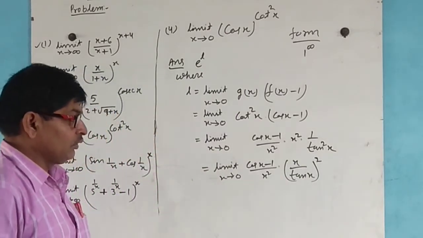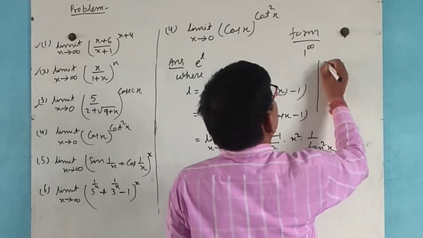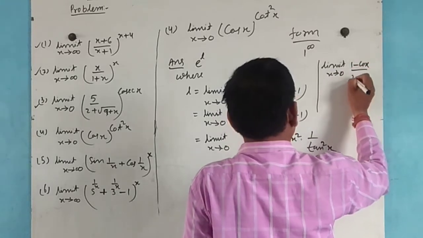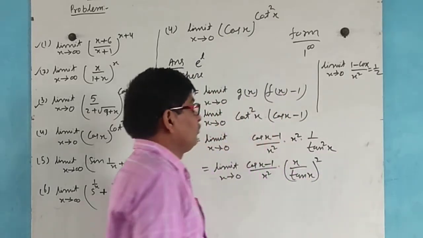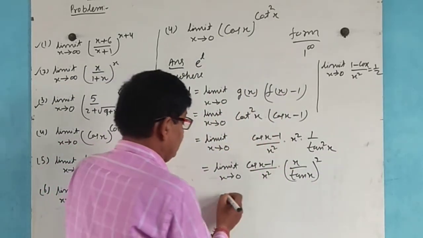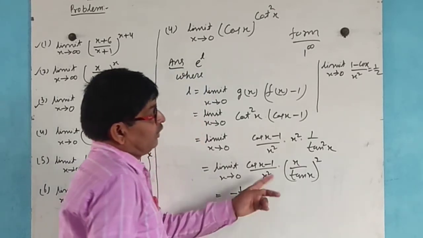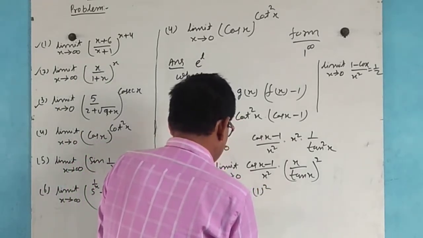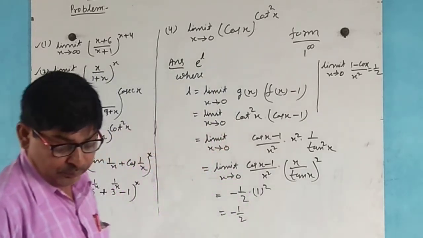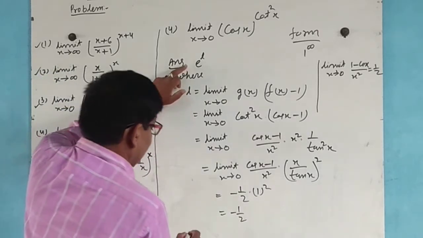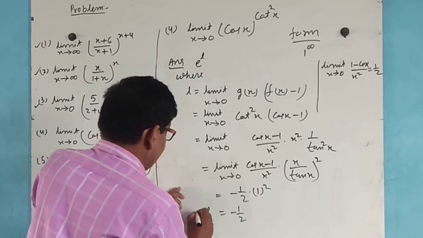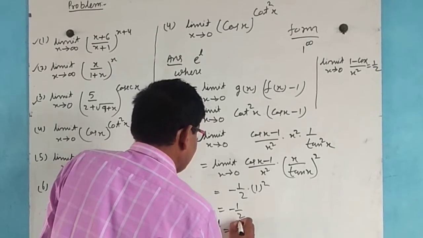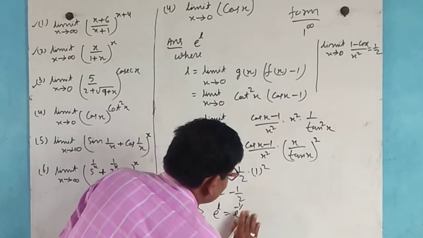Now as we know that limit x tends to 0, 1 minus cos x divided by x square is equal to half, so that cos x minus 1 is equal to minus half, and x by tan x equal to 1 to power 2, this is equal to minus half, so that the answer will be e to power L. This is the value of L. The answer will be e to power L, means e to power minus half.